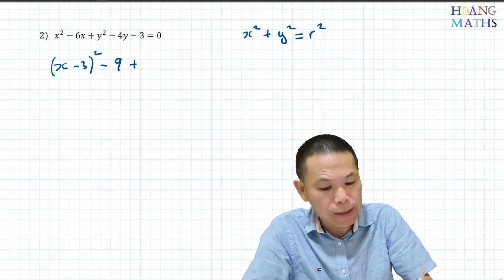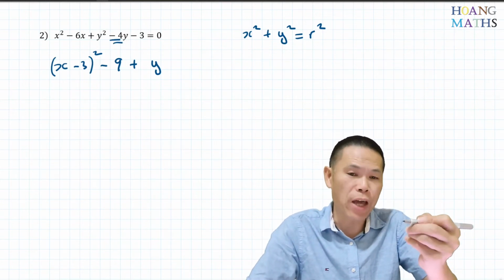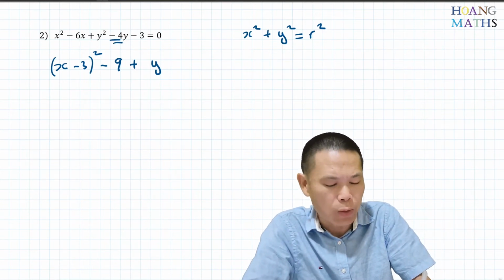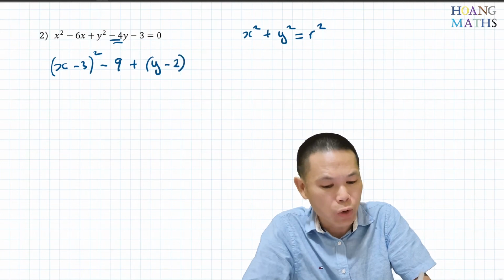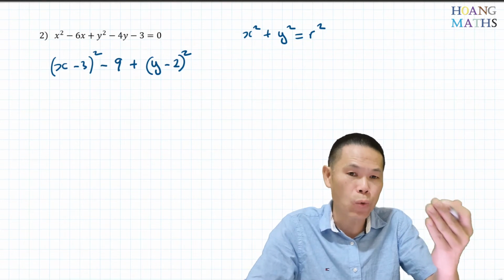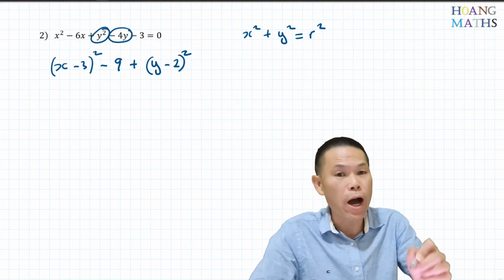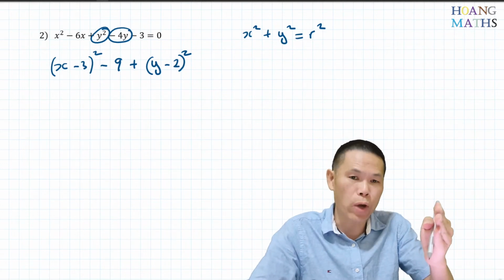And then plus y, then we half of -4. So -4, half of that gives me -2. In other words, we minus 2, all squared. Again, if we expand y minus 2 squared out, it gives me y squared minus 4y plus the 2 squared, which is 4.